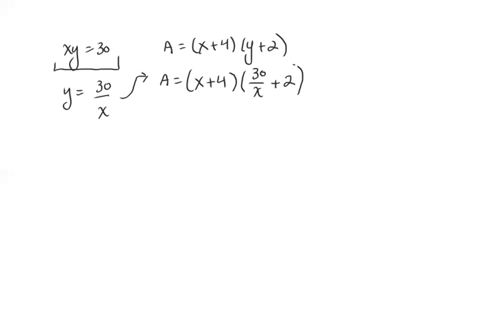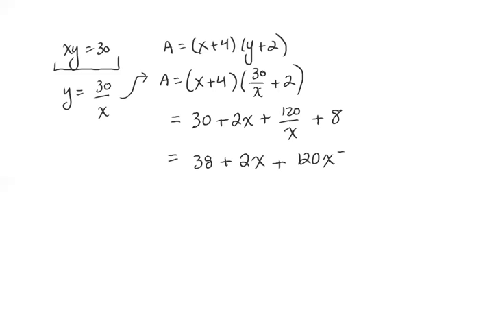Okay. I am going to expand that for the sake of calculus. X times 30 over X is 30. X times 2 is 2X, plus 4 times 30 over X is 120 over X, plus 4 times 2 is 8, which is equal to 38 plus 2X plus, I'm going to rewrite this as 120X to the negative 1 power.